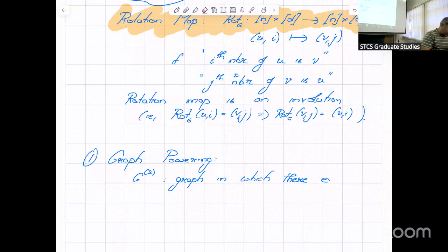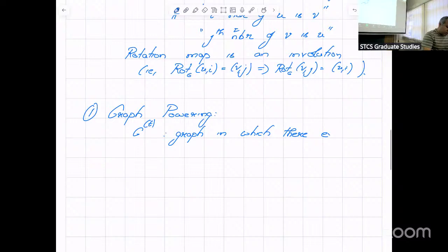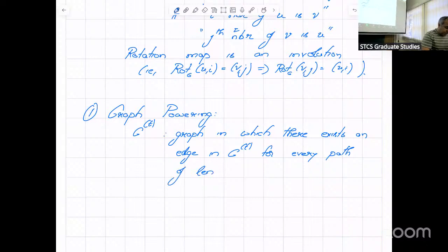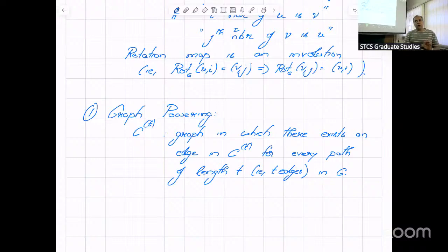More generally, G^T is the graph in which there exists an edge for every path of length T, that is T edges in the path, in G. For every path, and we'll put it with multiplicity.